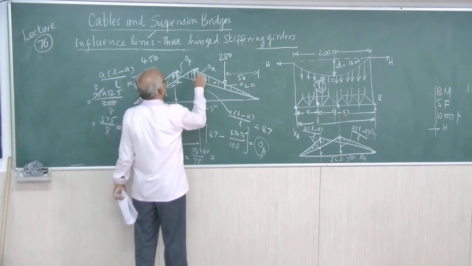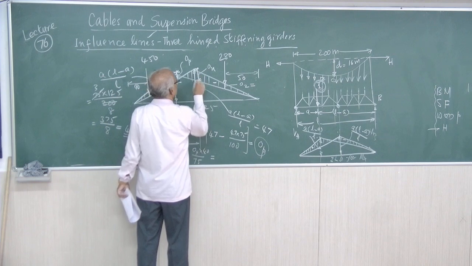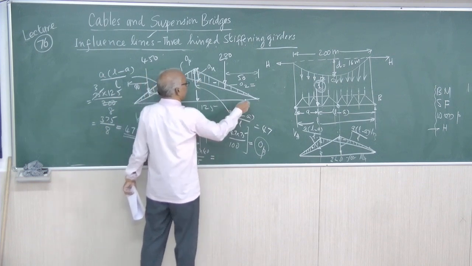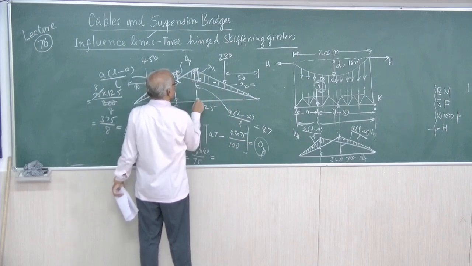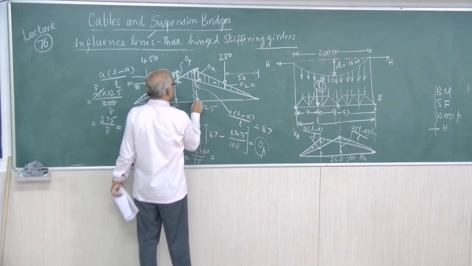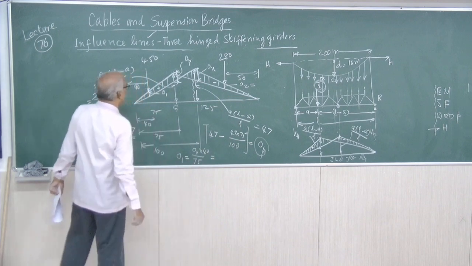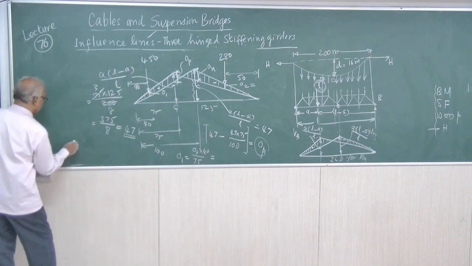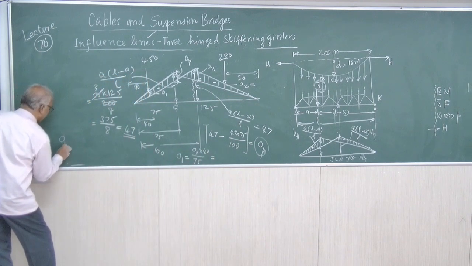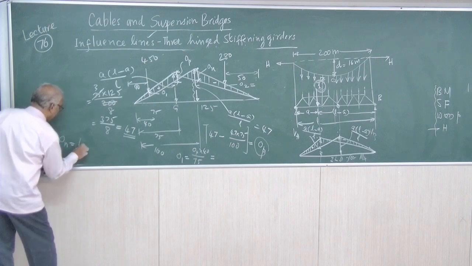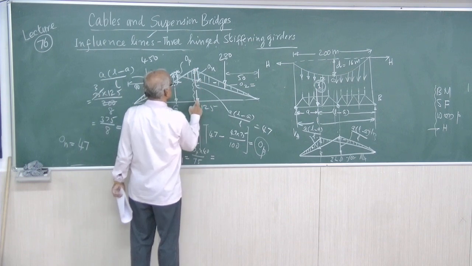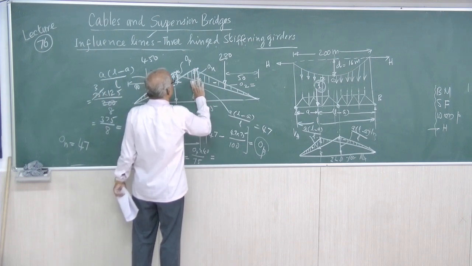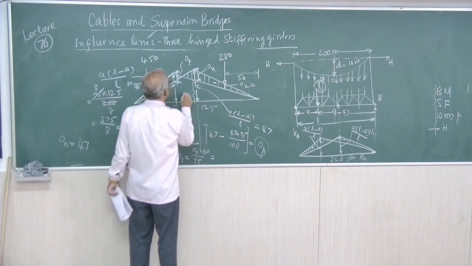So ON will be 47 minus this value you want. I am using the board here and there, don't get confused. ON will be: the total ordinate is 47, minus something. Minus something means this is the negative quantity.